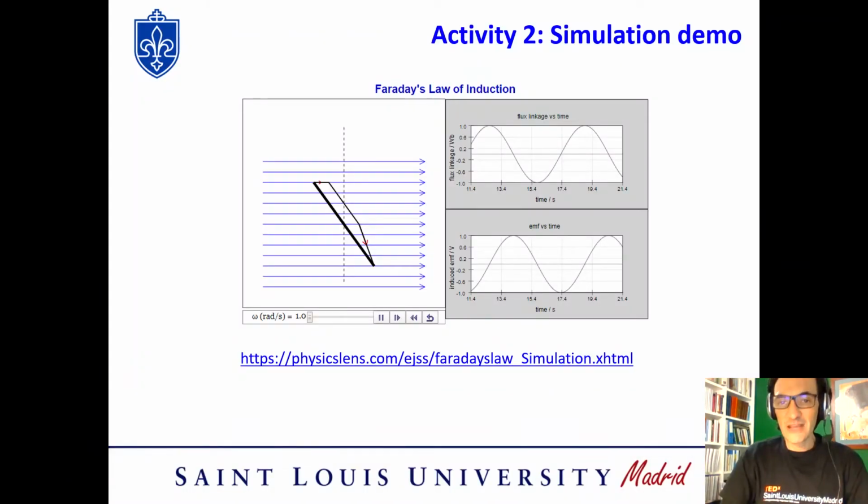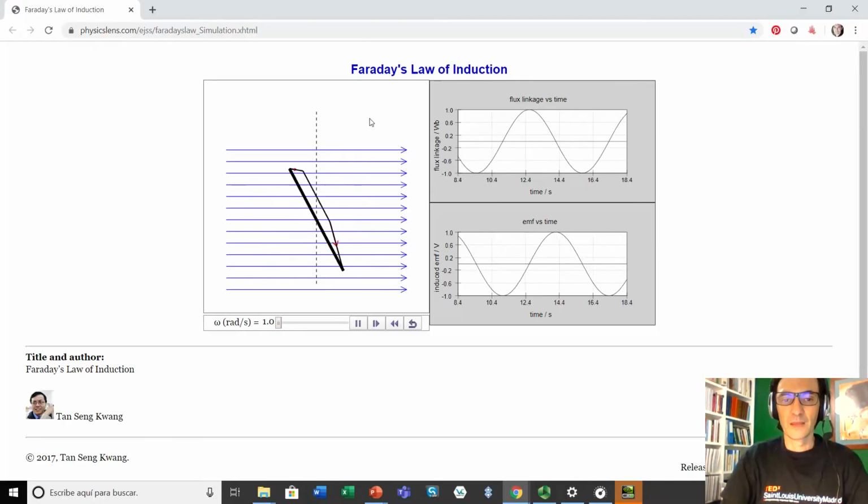So let's do a simulation. Okay? This time we found this simulation for you, and as you will see, this simulation represents very well a rotational coil under a permanent magnetic field. Let's do the simulation. So this is the simulation running, and as you can see, we can increase the speed of rotation.